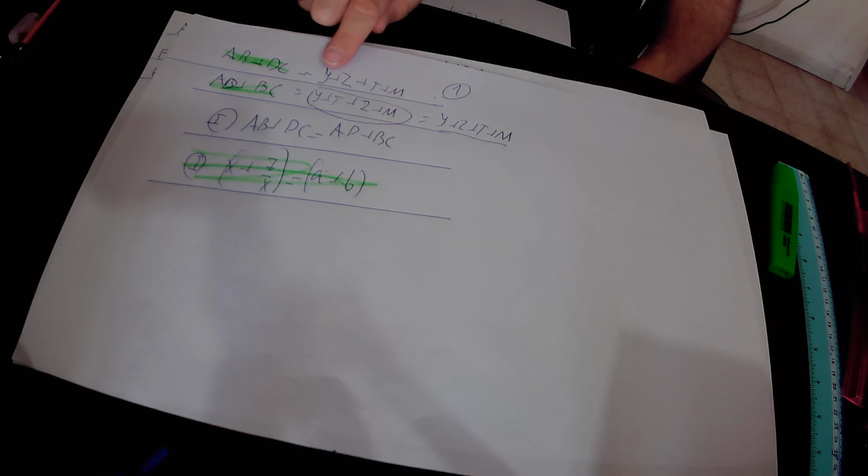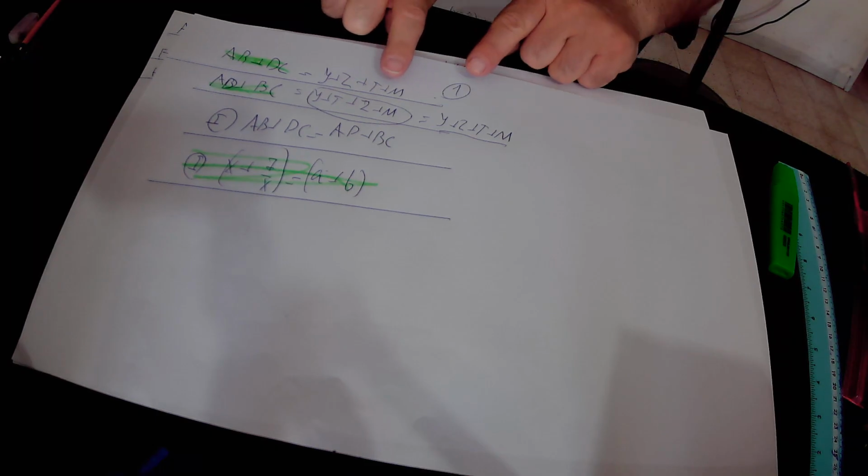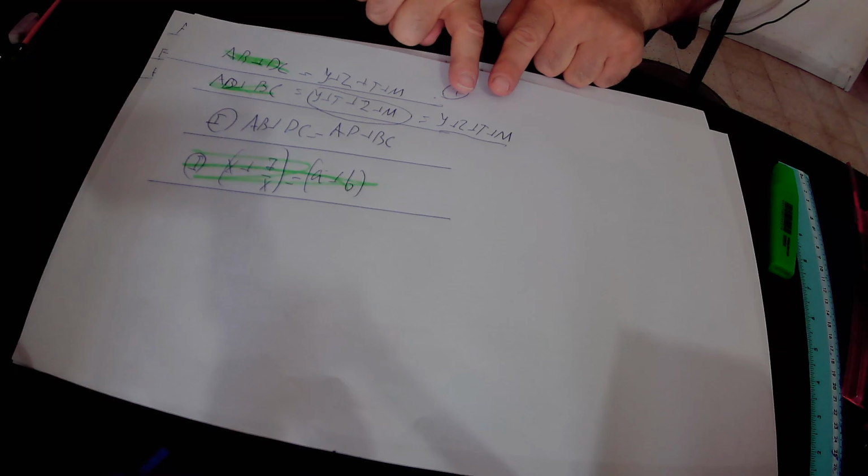That is to say, instead of Y plus T plus Z plus M, we can write that this expression equals Y plus Z plus T plus M. We just change the order.